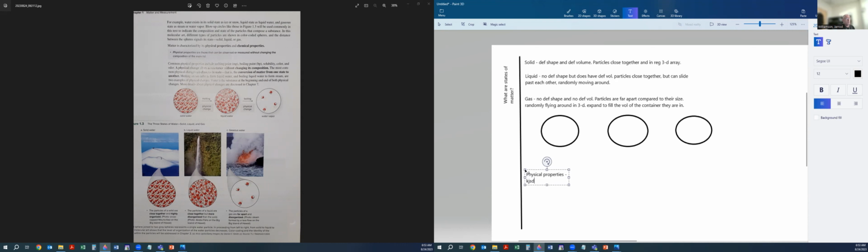I'd take whatever notes I have on physical properties, and then I would do notes on chemical properties, and so on. Then I would also have physical change and chemical change. I wouldn't have the entire book, but I would have these notes with me.